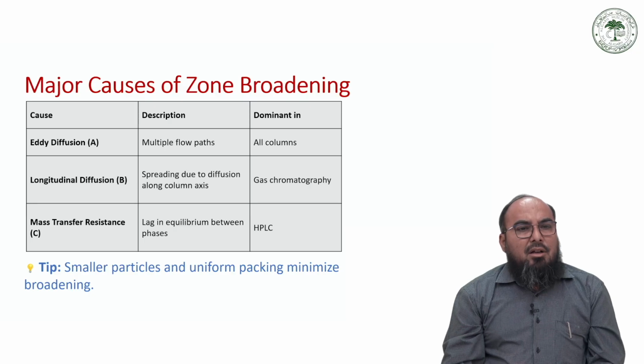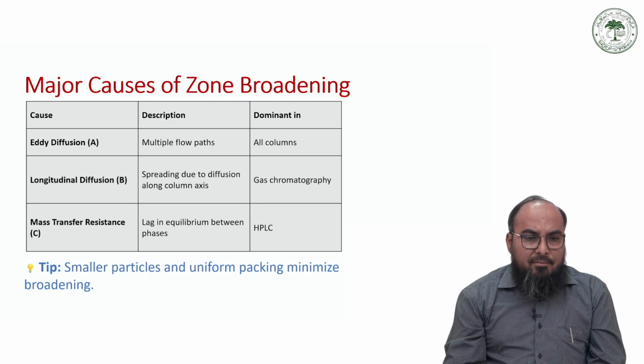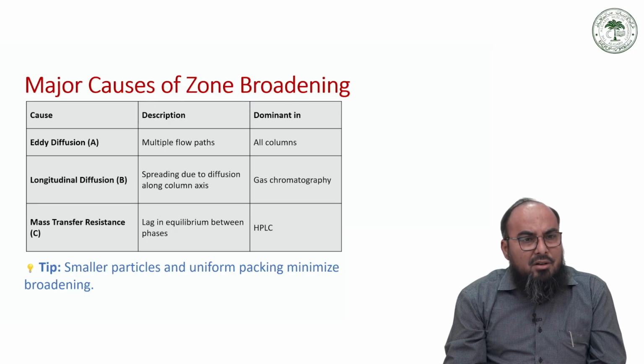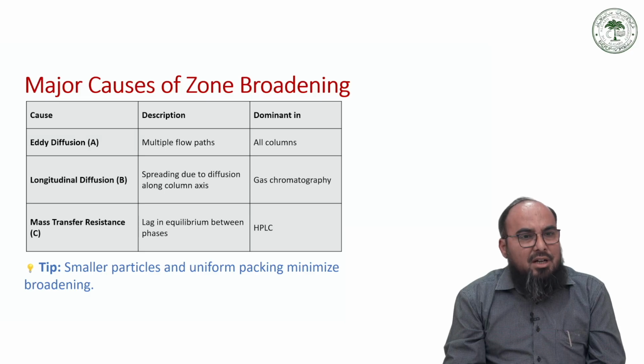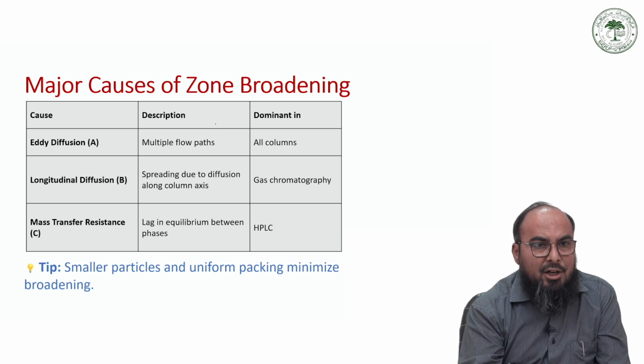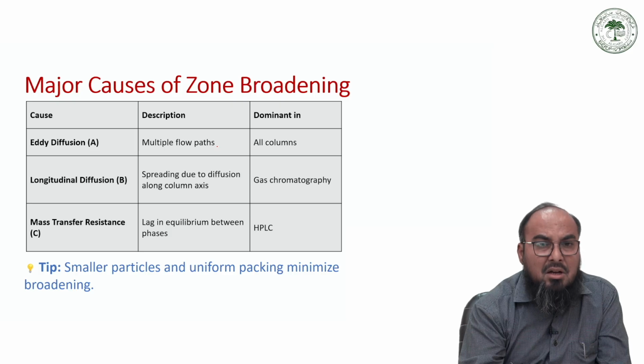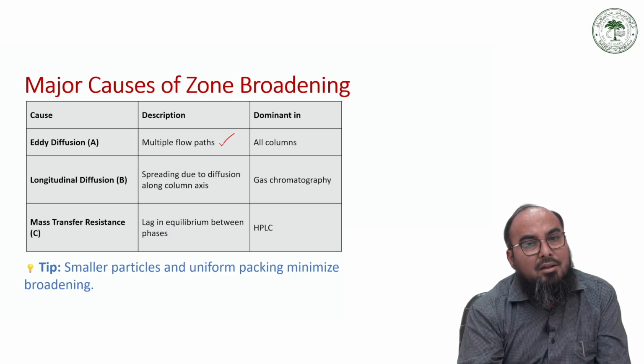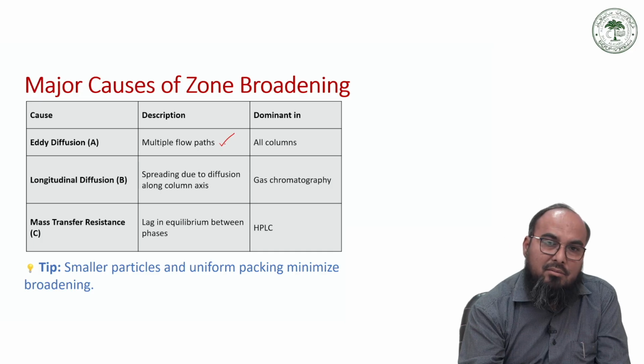So the major causes of zone broadening are eddy diffusion. What is eddy diffusion? We are going to study in the coming slides. Then the longitudinal diffusion and the resistance to mass transfer, or mass transfer resistance. So where do they come into play, and why does eddy diffusion occur? It occurs because of the multiple paths taken by the solute molecules within the column.